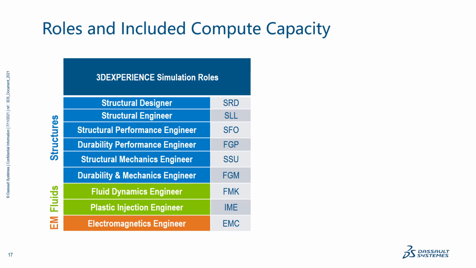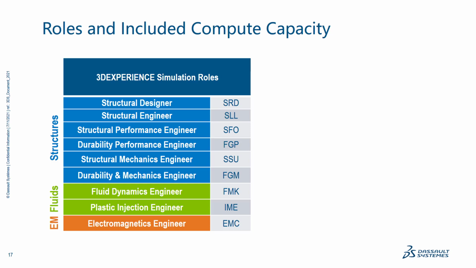Structure mechanics engineer provides access also to explicit dynamic simulation and some really advanced capabilities like submodeling, substructuring, material calibration capabilities, parametric studies, and so on. And also then the durability and mechanics engineer, adding the fatigue capabilities to that.